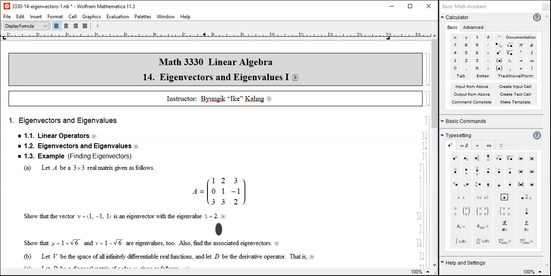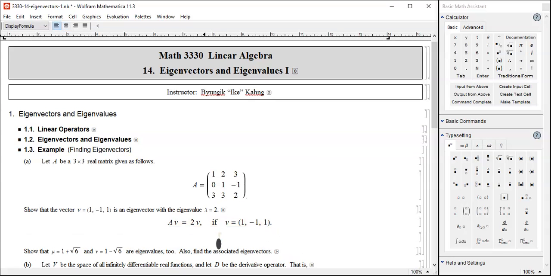Basically, I have to prove that A times v is equal to 2 times v, if v is (1, -1, 1). That's what we have to prove.